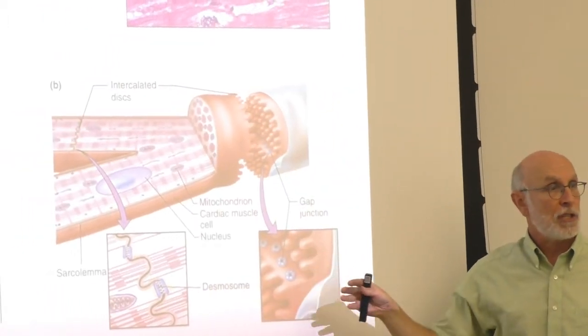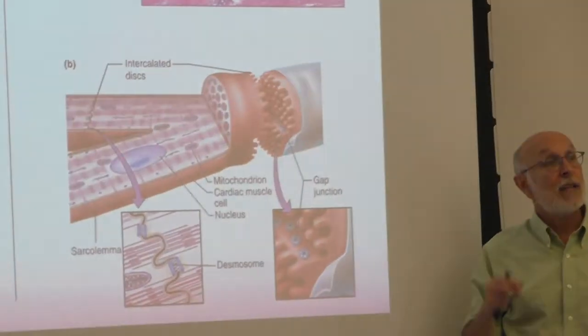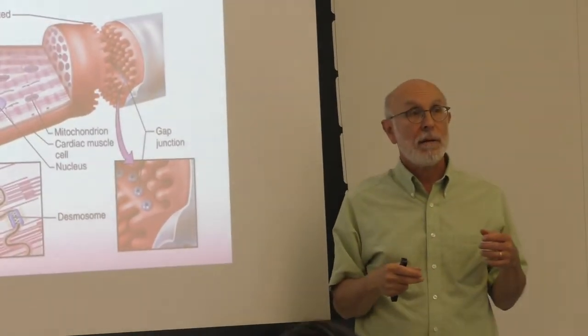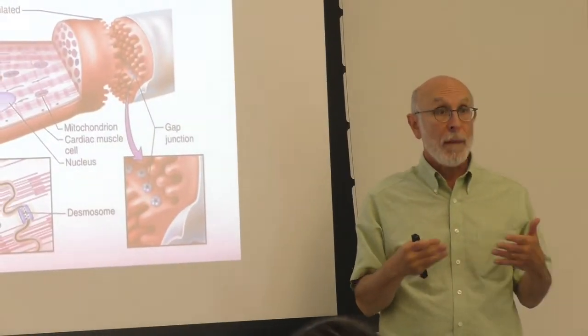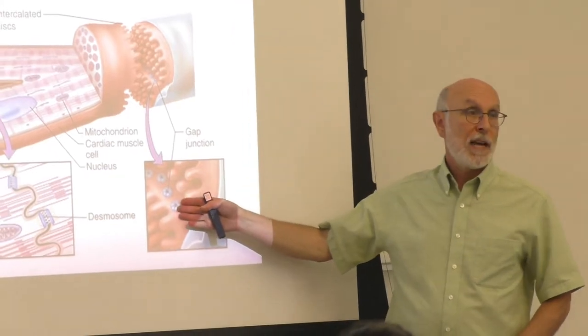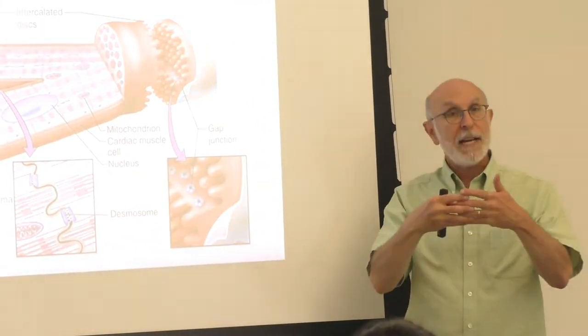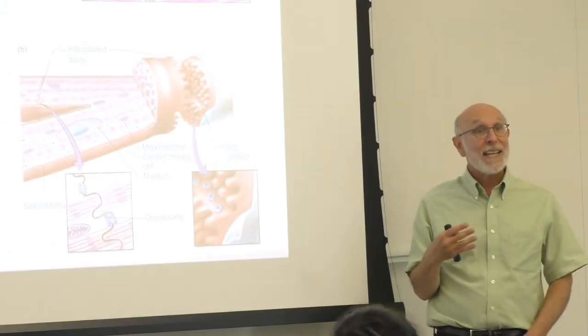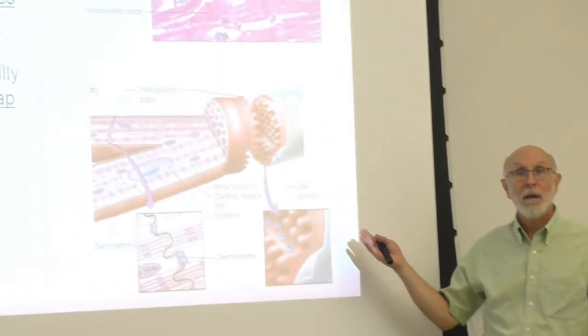The gap junctions are pores that connect one cell to the next cell. So a gap junction goes through two membranes, the membrane of one cell and the membrane of the connected cell, so that the cytoplasms of the two cells are connected electrically through this ion channel.